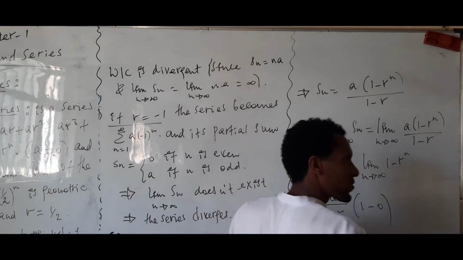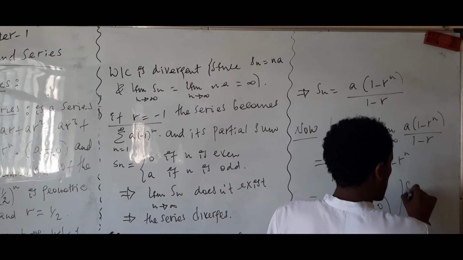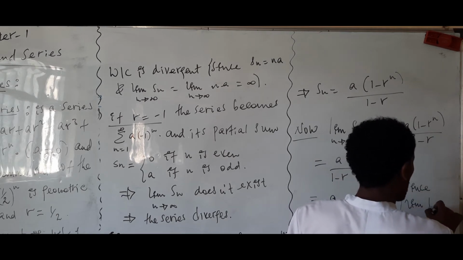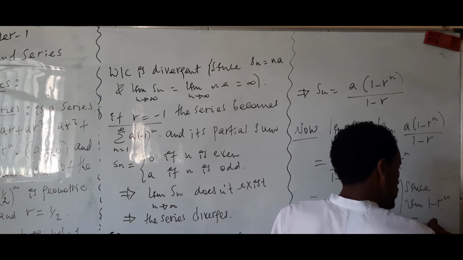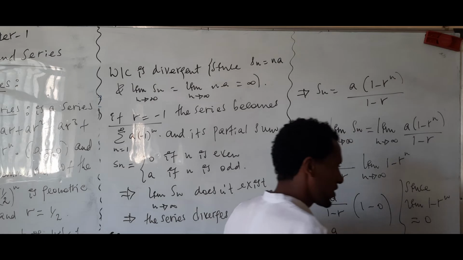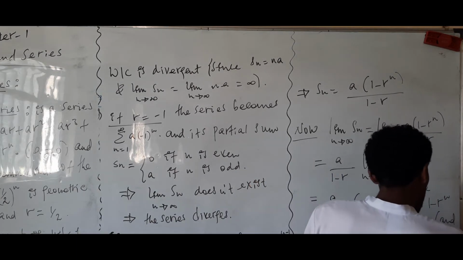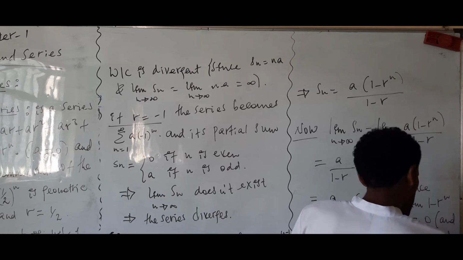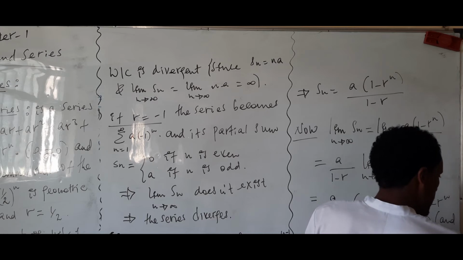Since the limit of r to the power of n is equal to 0 and converges if and only if the absolute value of r is less than 1.